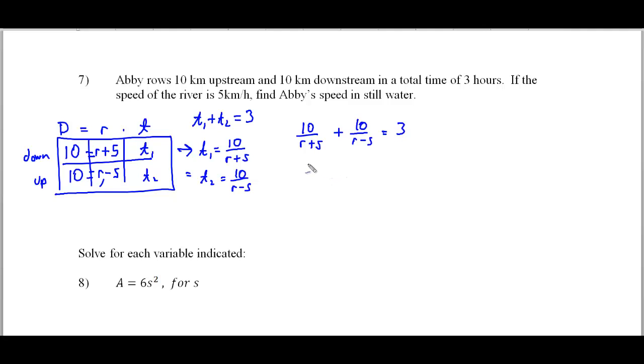So what I'm going to do is multiply by my least common denominator. Therefore, I am going to multiply everything by R plus 5, R minus 5.